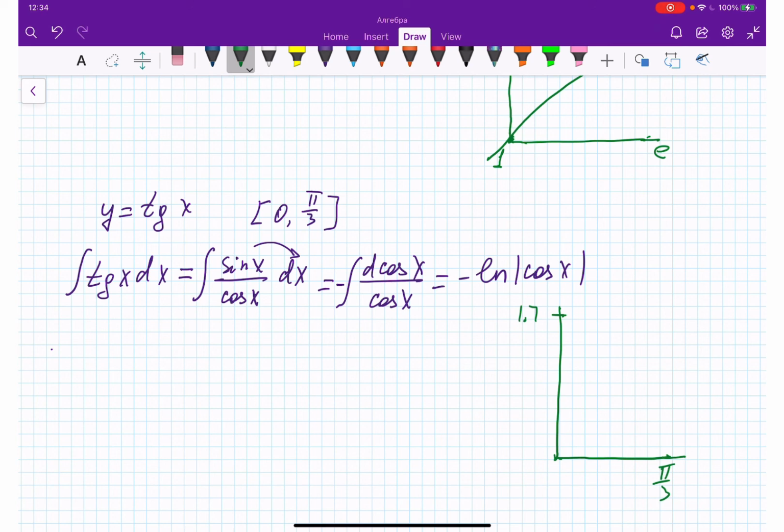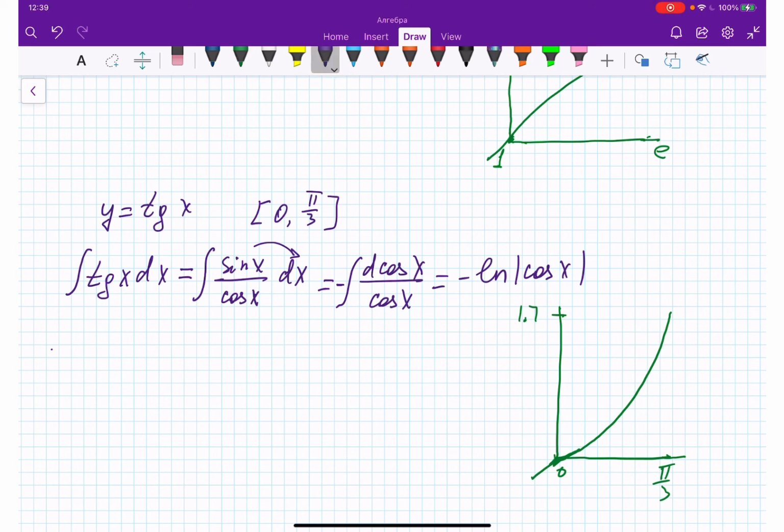Hold on, let me draw this. Okay, this is 0. So we would think that approximately the average is going to be 1.7 divided by 2, which is going to be 0.80 something, right? 85.